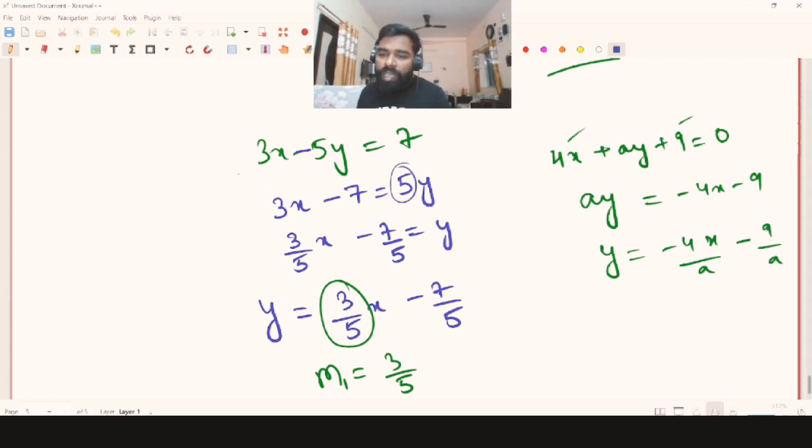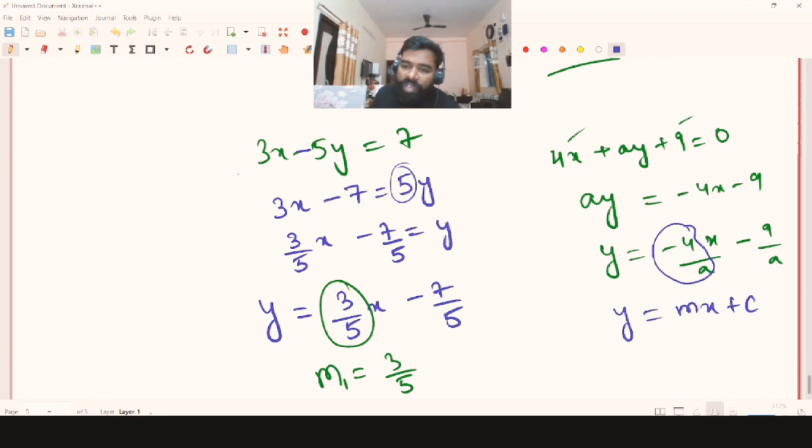Again, comparing with y equal to mx plus c, whatever is with x is m. So here m2 is minus 4 by a.